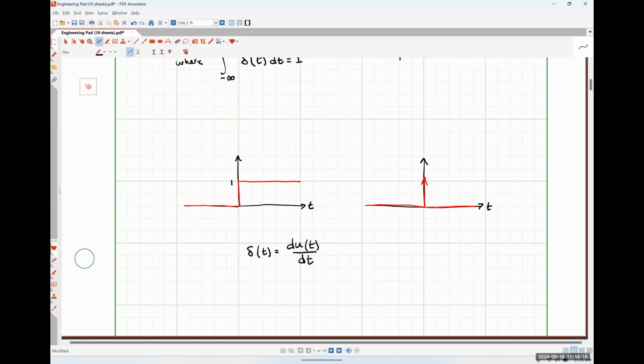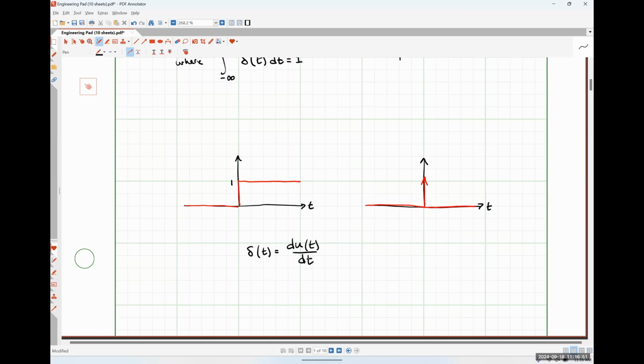So the Dirac delta function, or the unit impulse function, is a pretty interesting function when we think about signal processing, because we can effectively decompose any signal that we could possibly come up with as a sum of delta functions, because they only exist at one specific instant in time.